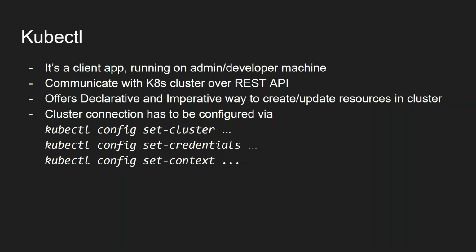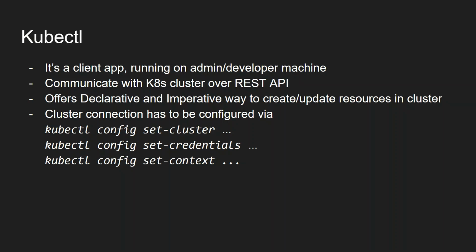But in general, when you have a project which you want to put into the cluster, it's much better to go with the declarative type, which means that we have YAML files where we specify our resources in Kubernetes.